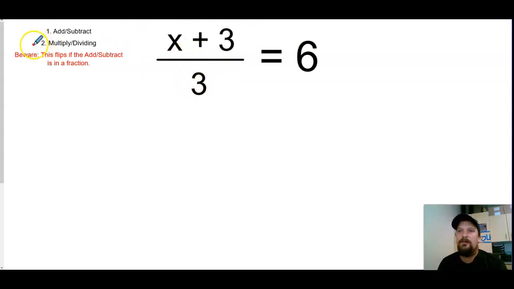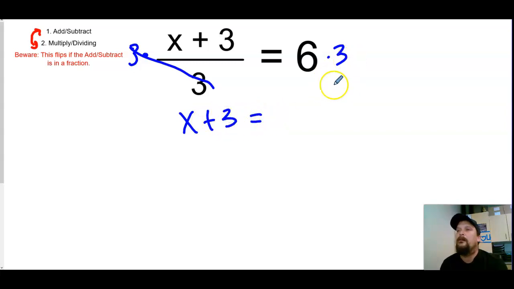So these two steps are actually going to flip in this case. Basically, we multiply both sides by whatever is being divided. In this case, we're being divided by 3, so we times both sides by 3. They cancel out, and now my x plus 3 is free. 6 times 3 is 18.